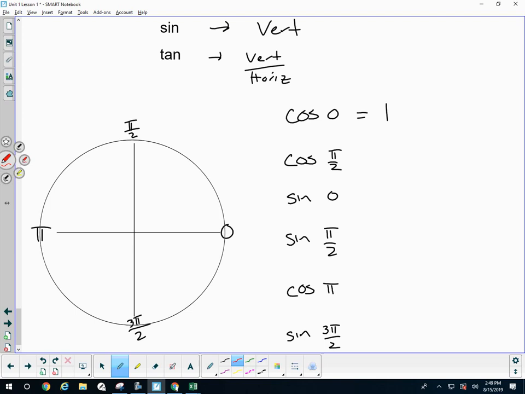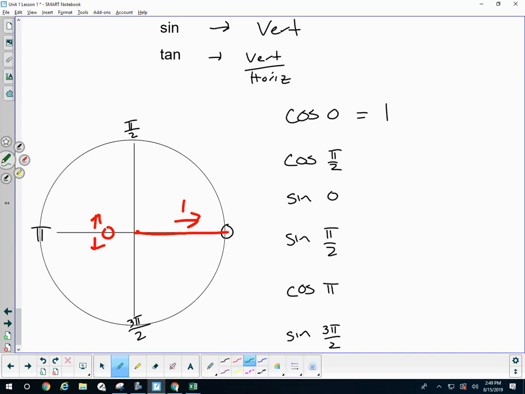Traveling to this location on my unit circle at 0 from the origin, I go to the right 1 unit. I do not go up or down at all. Distance is 1. That's why the cosine of 0 is 1.